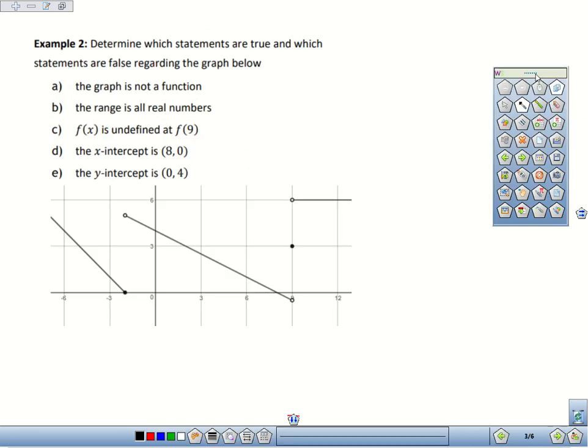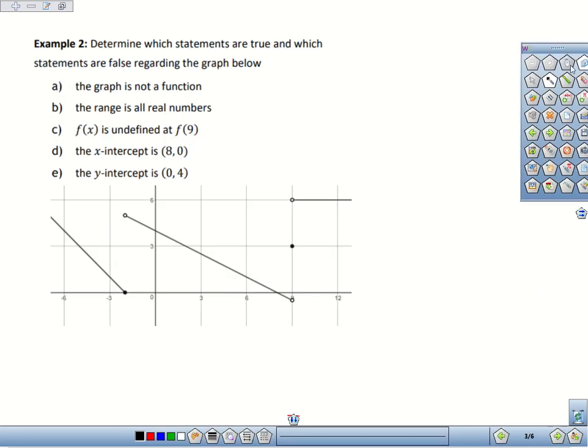Now we're going to talk about determining what's true and false about a piecewise function. So put arrowheads on this because there aren't any, but it indicates there are. So yes, they're going on forever. Now we want to determine if this graph is a function. The easiest way to do this is to see if it passes the vertical line test, right? Now this is a little tricky. If I draw a vertical line here, it looks like it hits 3 points.